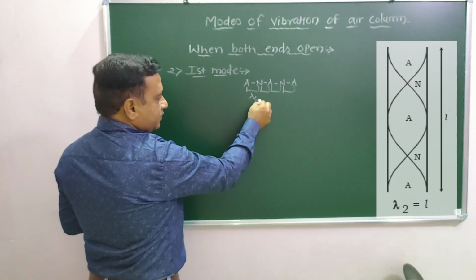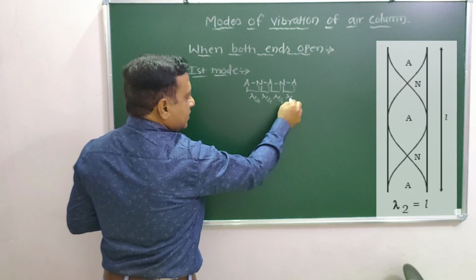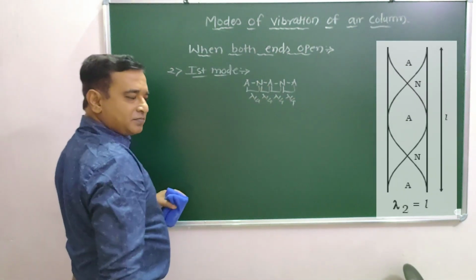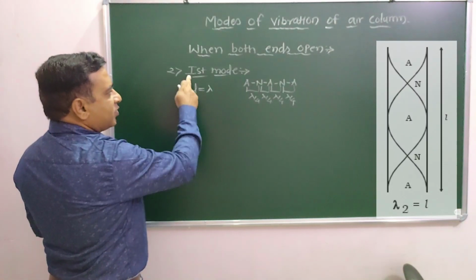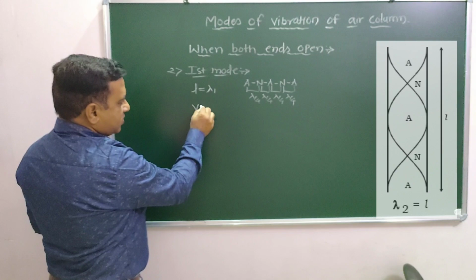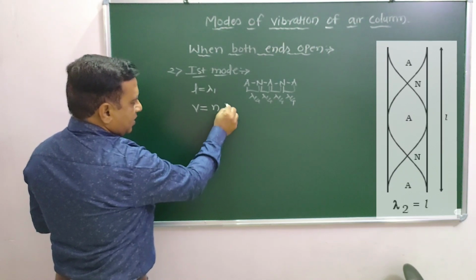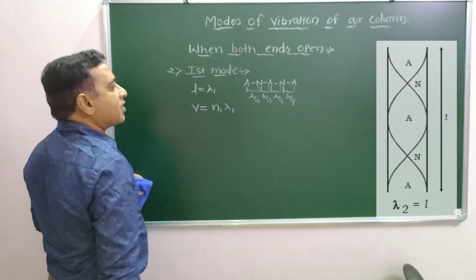Okay, so here I am going to write that. Sir, it is lambda. So corresponding L is equal to lambda, but for the first mode suffix I am going to write lambda 1. So corresponding equation V is equal to N lambda, then suffix for the first mode, that is n1 lambda 1.